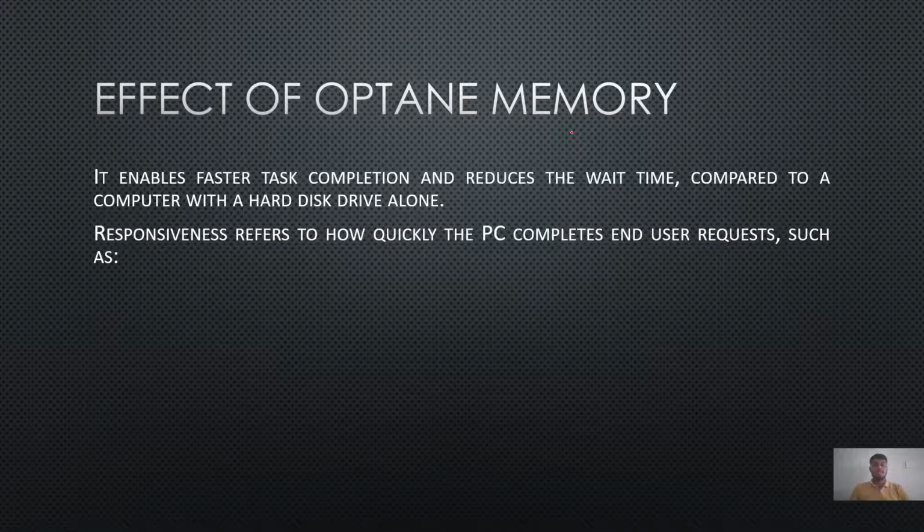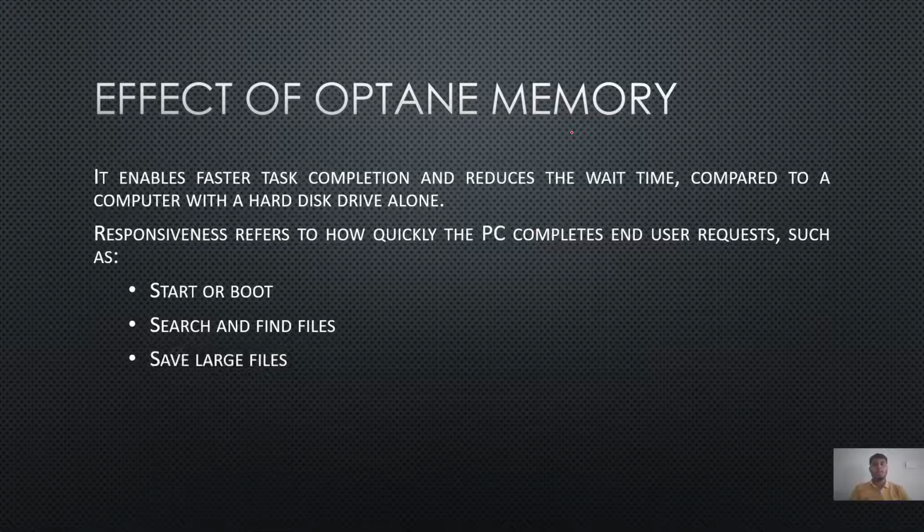The next is that it improves the responsiveness of the system to the end users directly, such as the booting time, the searching of files, and then saving large files, as when we use Premiere Pro or AutoCAD 3D software.